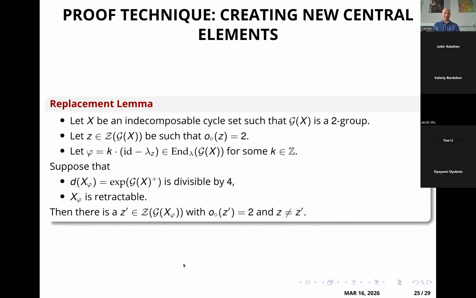So in some sense, this exchange level, this replacement lemma, produces too many central elements for a cycle set to be irretractable. And the proof is quite messy, and I'm sure someone will find a neater proof here.